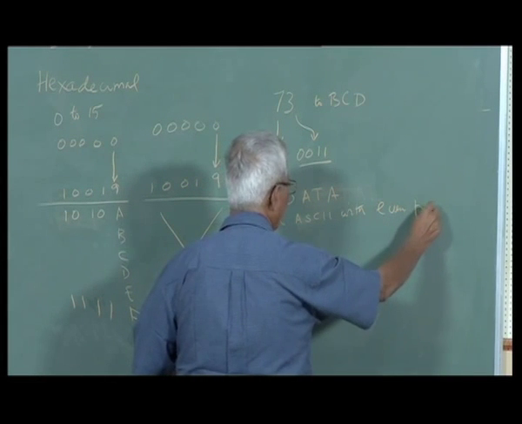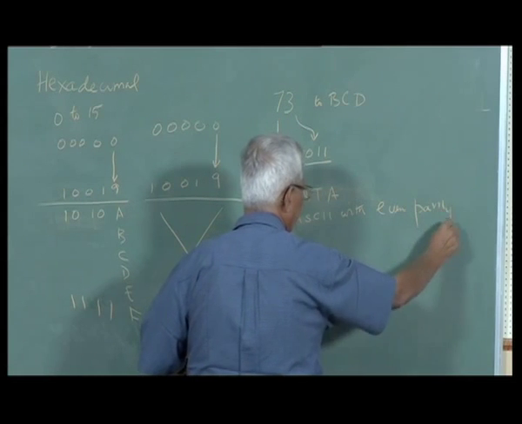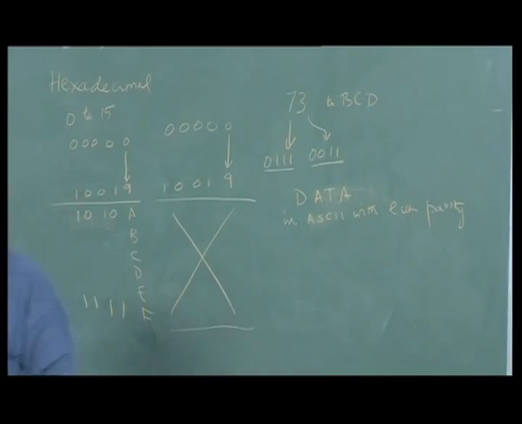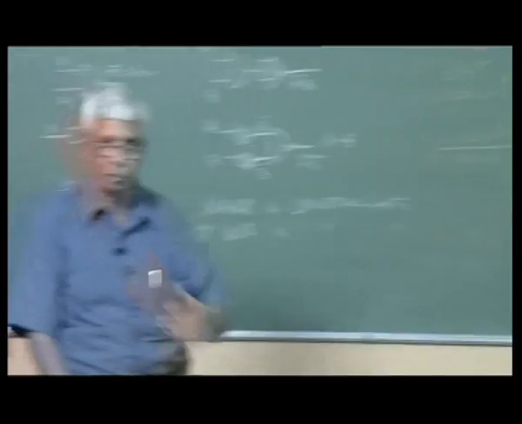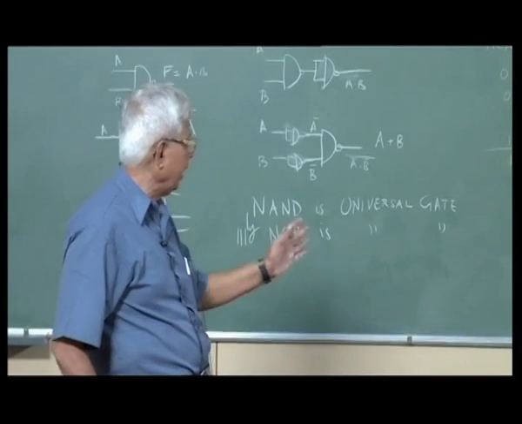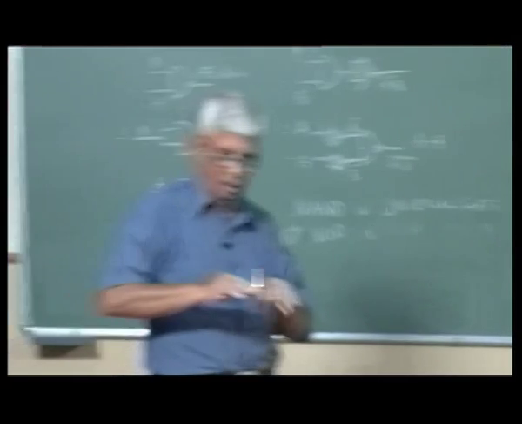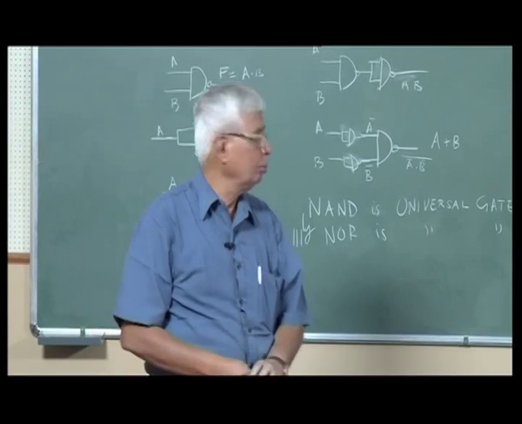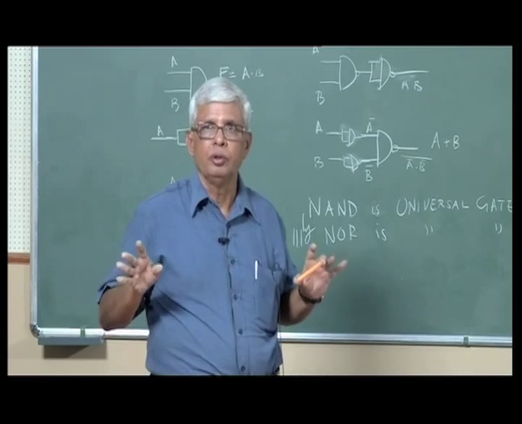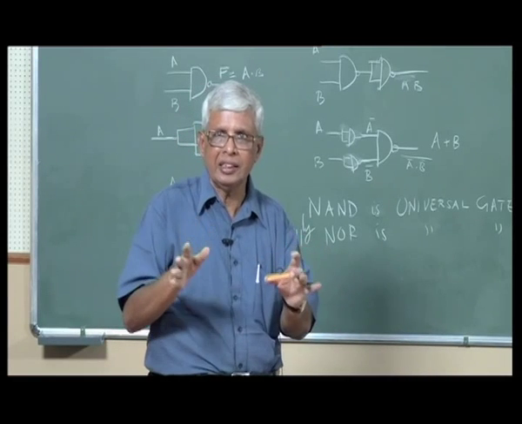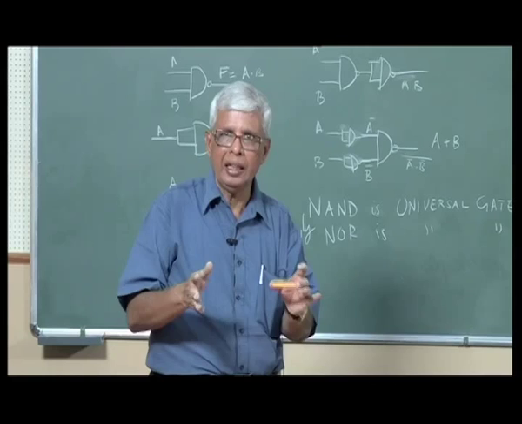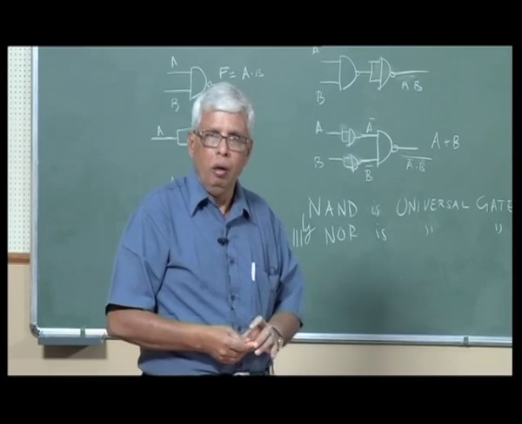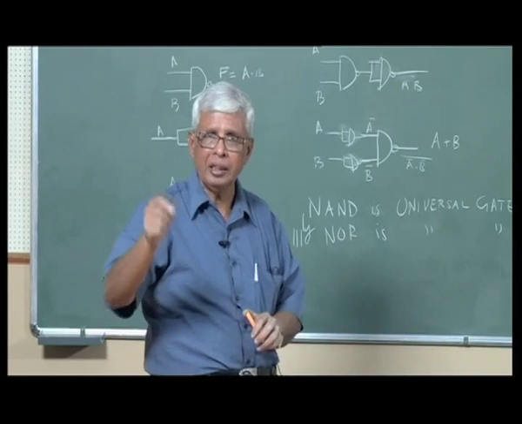I told you in the beginning of today's lecture what parity is and how you define even parity. So now I am typing data in the computer, and how will it be stored as ASCII codes with even parity? You understand the question? Quickly, do it. Take a piece of paper and a pen.